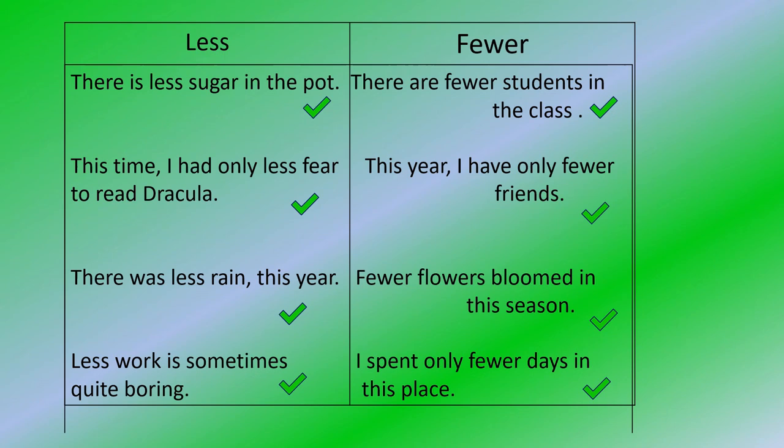I might have spent more days in this place in the previous times, but this time I spent only fewer days. Or it can be in another sense also. I have spent more days in other places, but I have spent only fewer days in this place. That can also be the comparison.